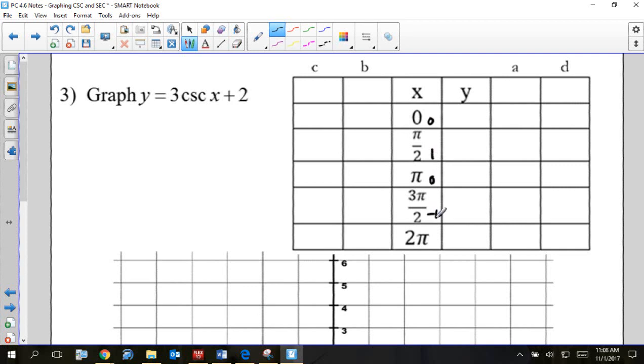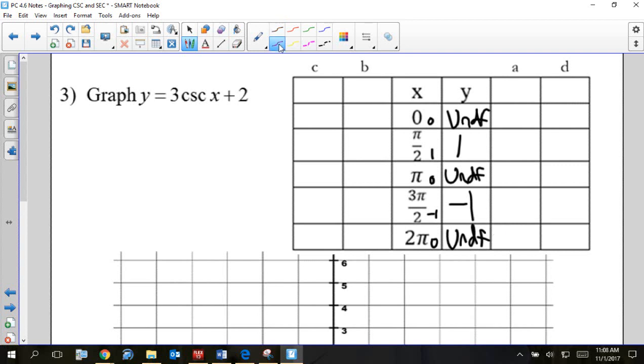When I actually fill out the chart, I'm going to use undefined, 1, undefined, -1, and undefined. Then I'm going to apply my transformations to cosecant. But you can do it in the other order. I know some teachers teach it in the other order.